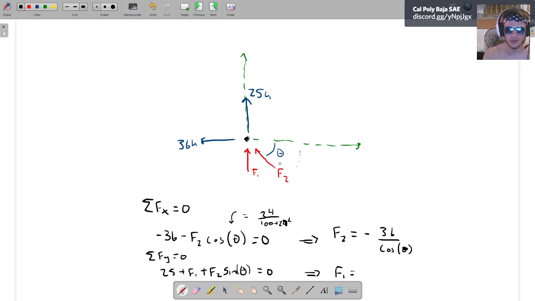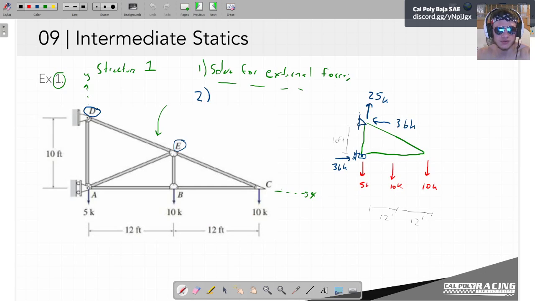So we can do F1 equals F2 sine theta minus 25. Cool. So now we have two known forces. So if we go back to our initial problem, we now know what this force is. That was F1. And we know what this force is.